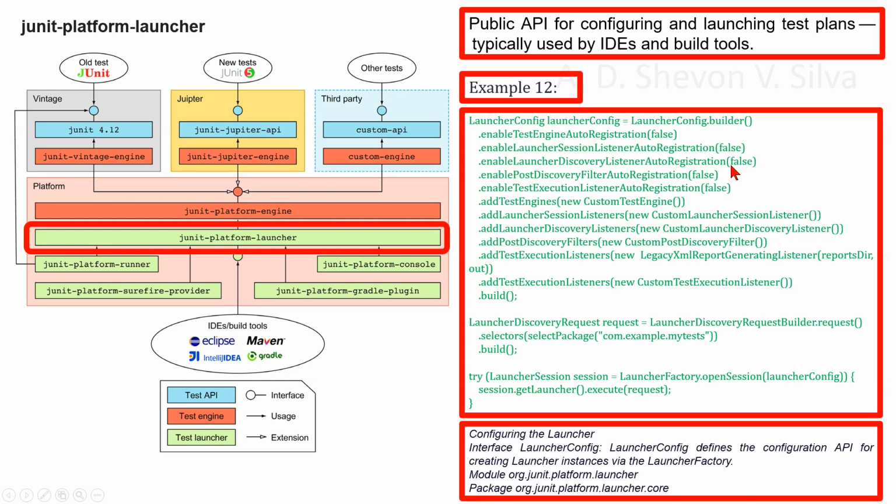Here enableLauncherDiscoveryListenerAutoRegistration configures the auto registration flag for launcher discovery listeners. Here enablePostDiscoveryFilterAutoRegistration configures the auto registration flag for the post discovery filters, and here enableTestExecutionListenerAutoRegistration configures the auto registration flag for the test execution listeners.